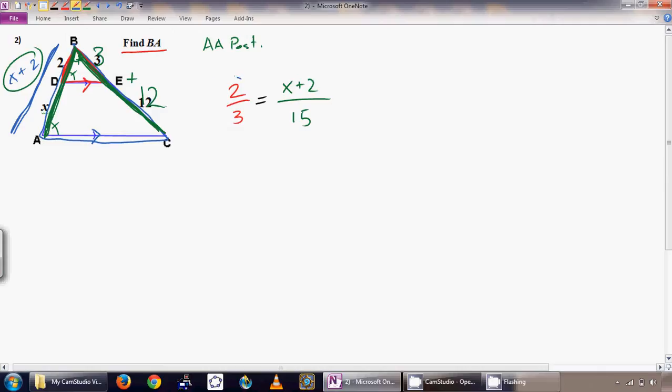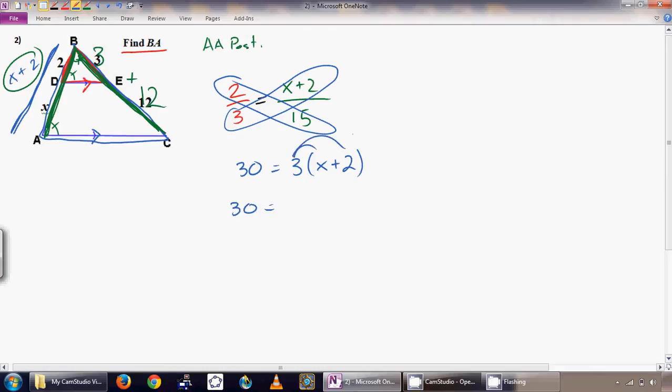So if I cross multiply, I'm going to get 2 times 15, which is 30, and 3 times this. I'm going to take my time with that. 3, and then parentheses to show multiplication, and then it becomes obvious, I distribute to bust up those parentheses. So I'll get 3x plus 6. Well, I've got to isolate my variable, so I'm going to subtract 6 from both sides and I'm going to get 24 equals 3x.